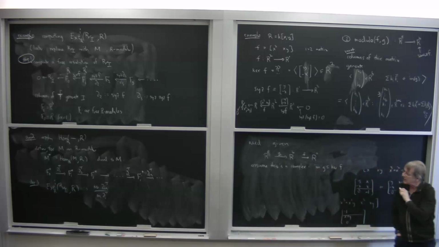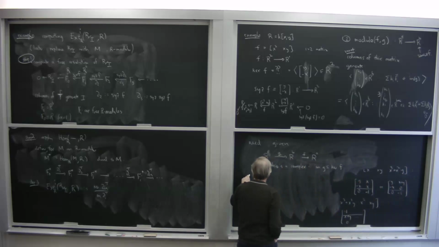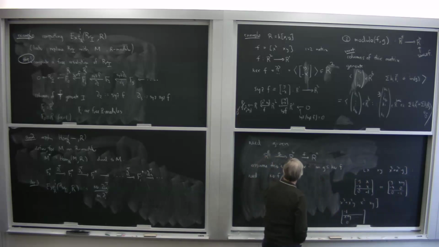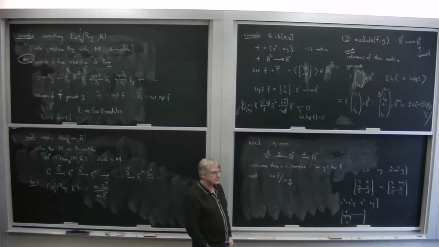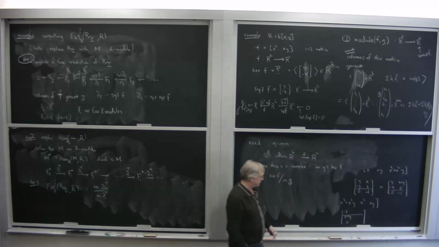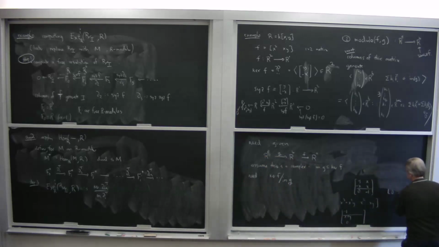So what we want is the computation of the kernel of F mod the image of G. So how do we do that? Maybe we should do an example first. But let's think about this for a second.